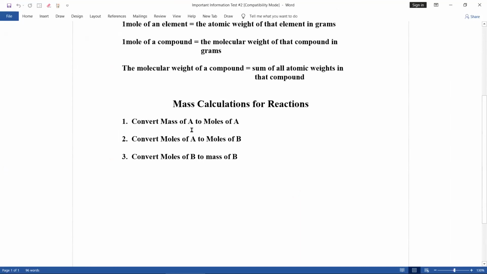Whatever you're given in weight, the mass of A, you convert to moles of A. Second step, whatever you calculated as the moles of A, you convert to moles of B, what you're trying to get to. I'll show you how to do this in a second, more, say 20, 30 seconds. Finally, the third step, you convert moles of B to mass of B. In the past, students have had to memorize this. You will be given this important information, test 2.